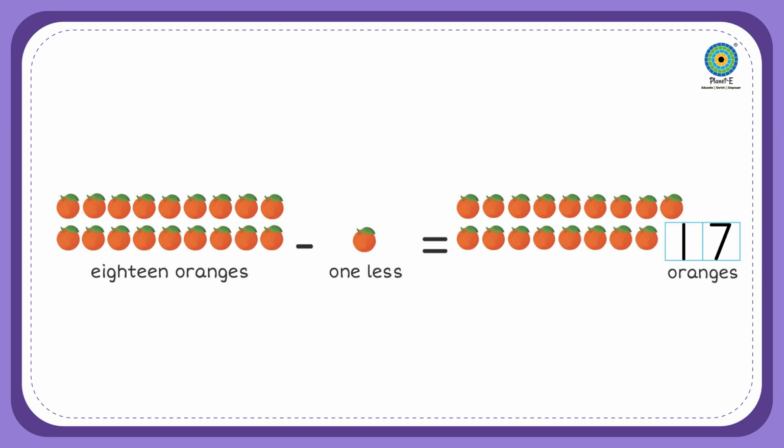Total 17 oranges in all. So if we have 18 oranges and we take away 1 orange from it, it will become 17 oranges in all.